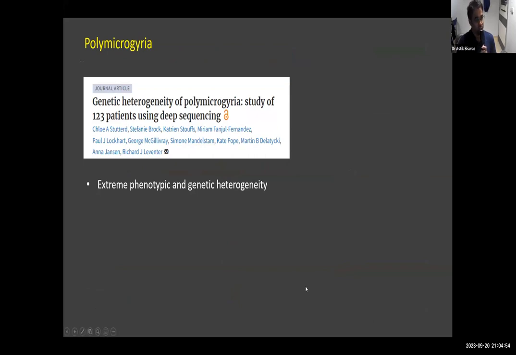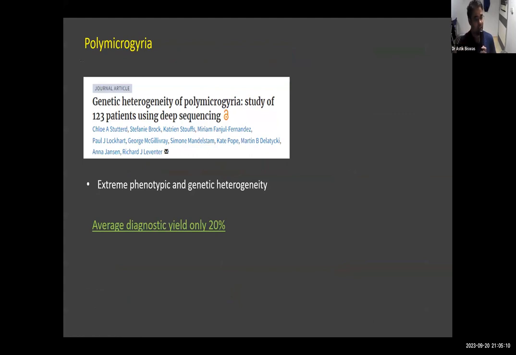Polymicrogyria is very heterogeneous, with extreme phenotypic and genetic heterogeneity, as nicely defined in this paper. The average diagnostic yield of whole genome sequencing was only 20% in this particular paper.